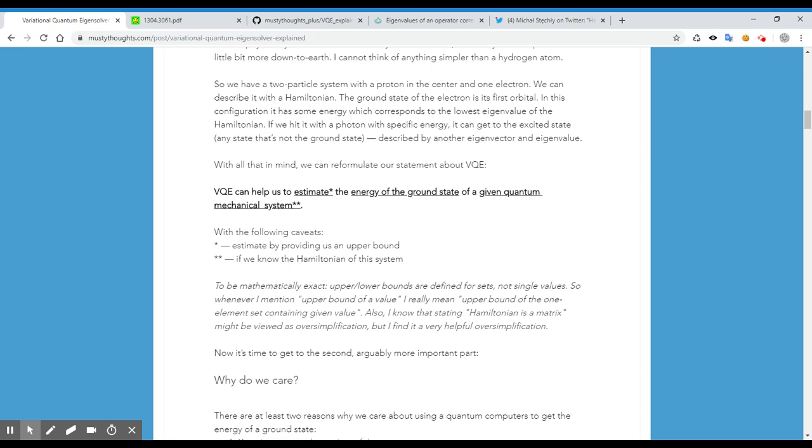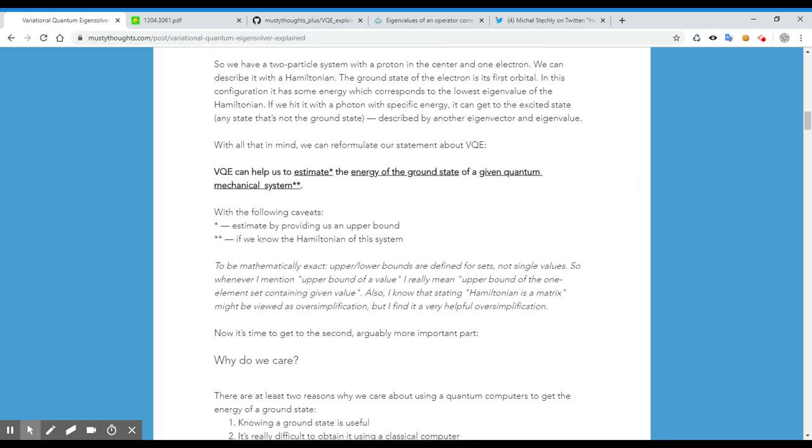Because what the Hamiltonian is at the end of the day is just a mathematical model, and what you're saying is that the eigenvalues and eigenvectors of that Hamiltonian describe some specific properties of the model, which are those energy levels.